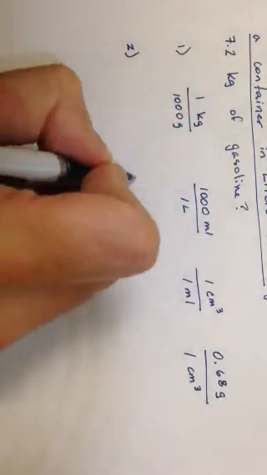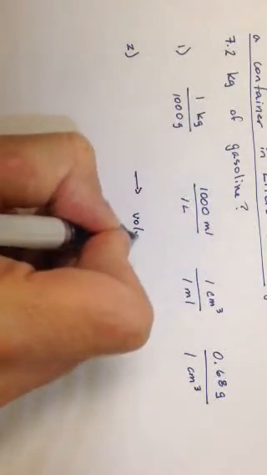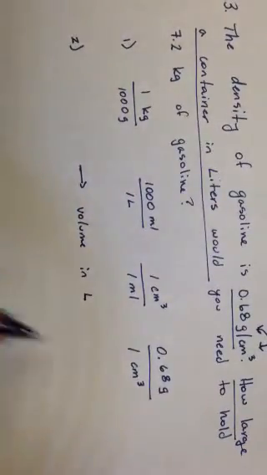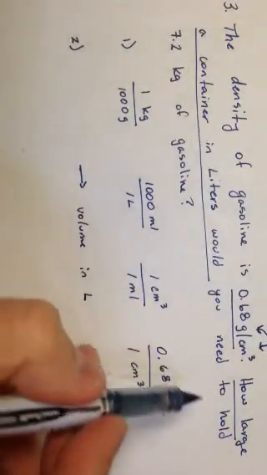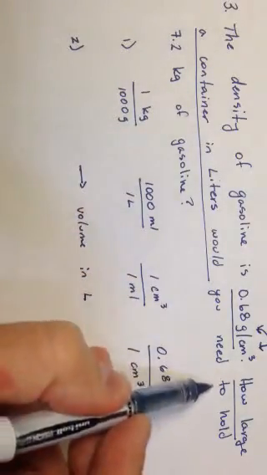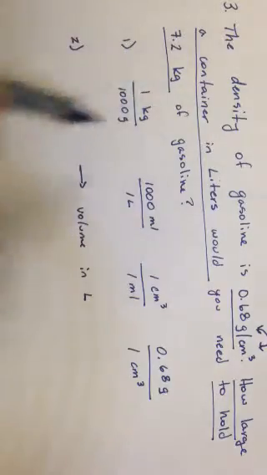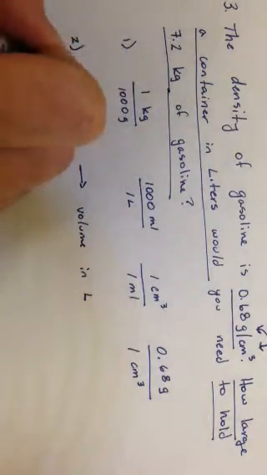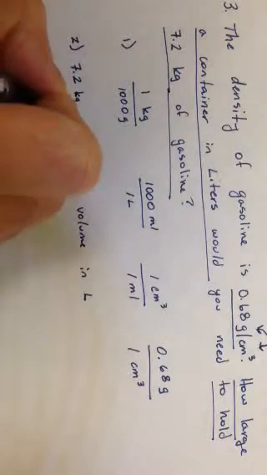Okay, so we're going to be converting to volume in liters. And we are doing that based on the mass of the gasoline. So how large a container in liters would we need to hold 7.2 kilograms of gasoline? So that's what we are converting from, is 7.2 kilograms of gasoline.